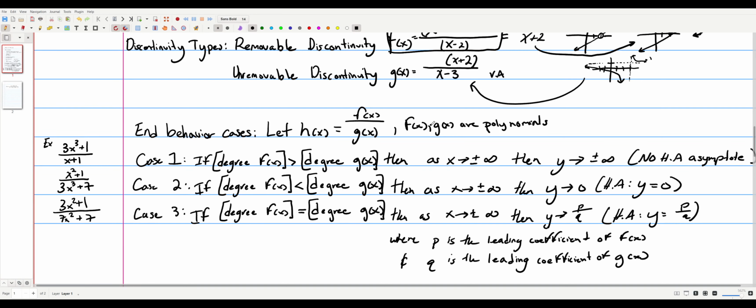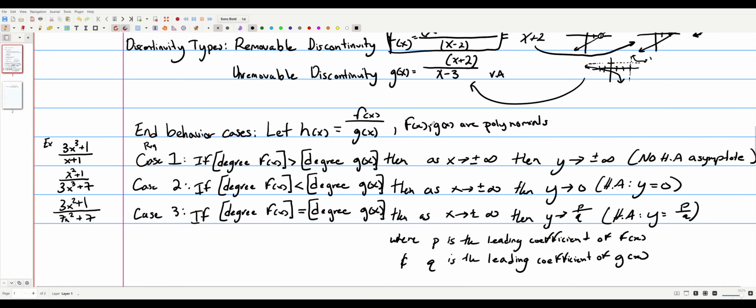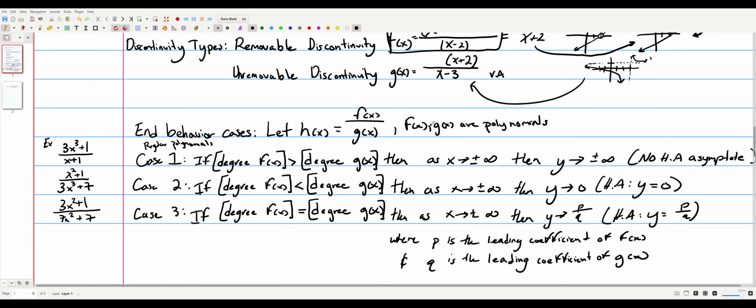And this is kind of the case of what we got with regular polynomials. So case one is kind of like the case for regular polynomials, where we had to look at what was the leading term of the polynomial, what was the degree of it, and decide, if it was even or odd, whether it would be going up or down. And you'll do the same thing here.